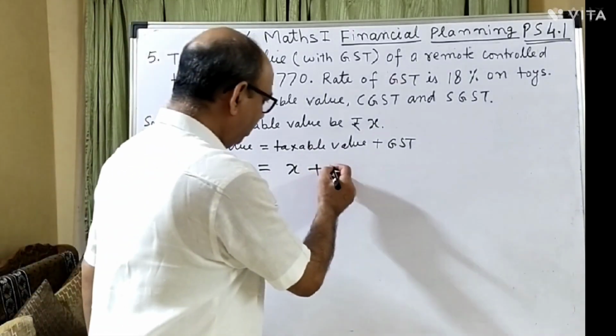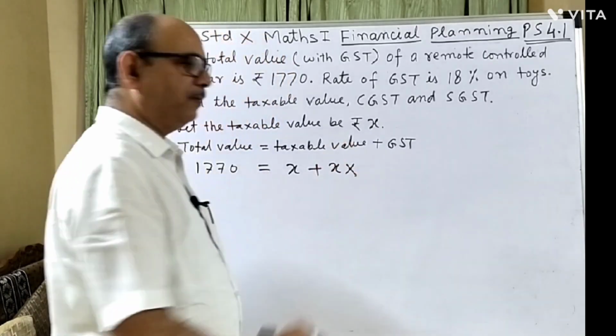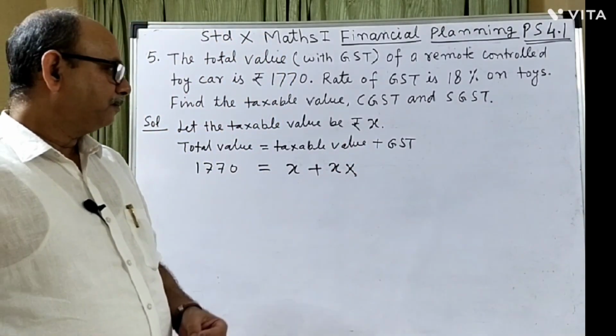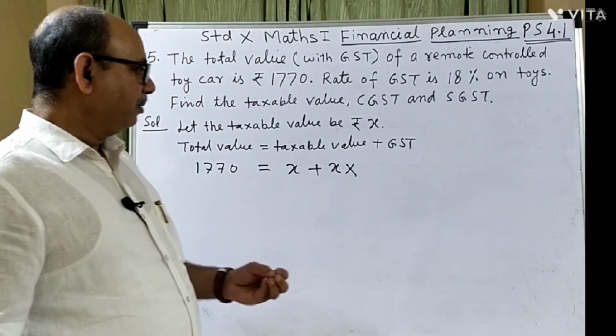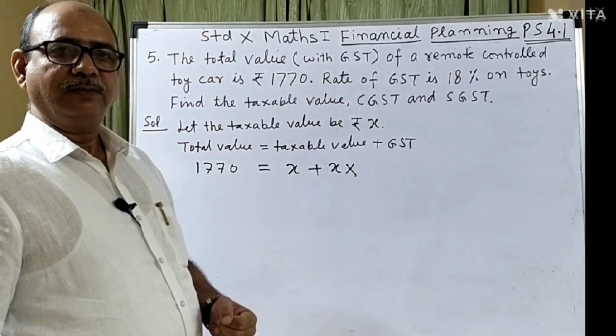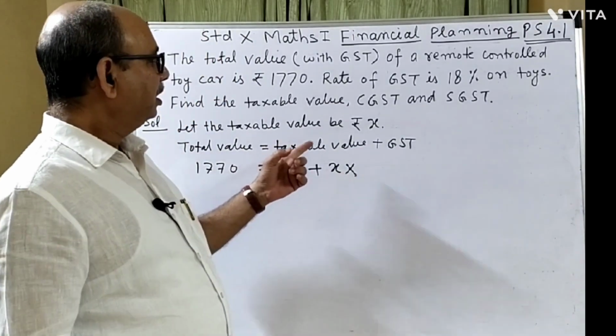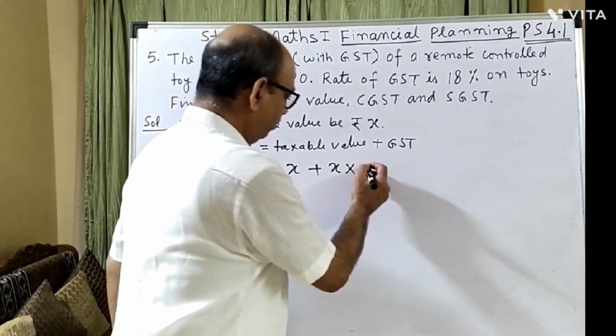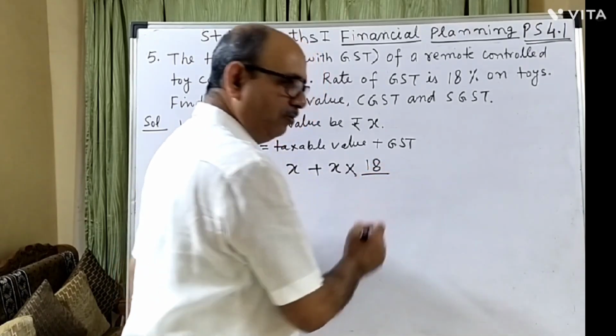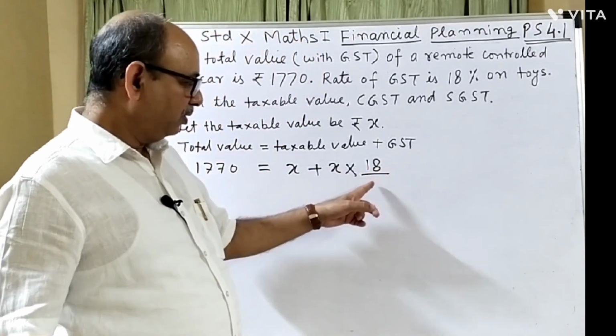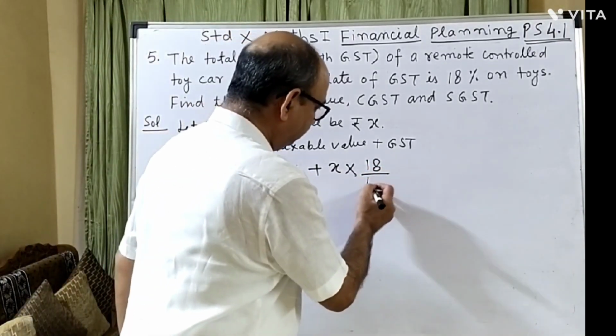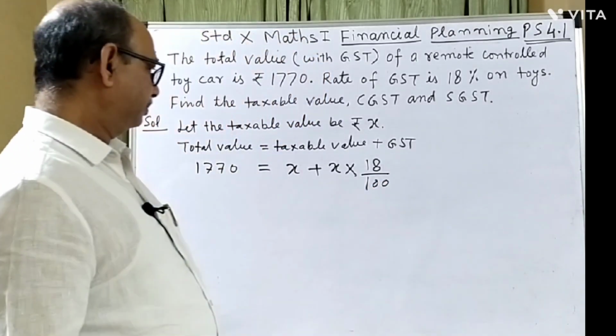That means it will be X multiplied by rate of GST, and rate of GST is 18%. That means when we remove the sign of percentage, we have to divide it by 100.